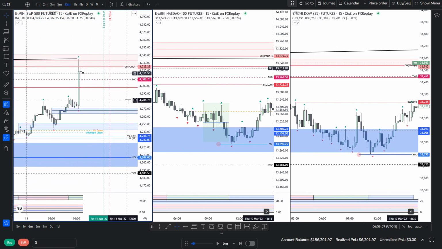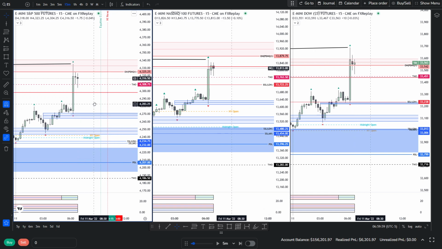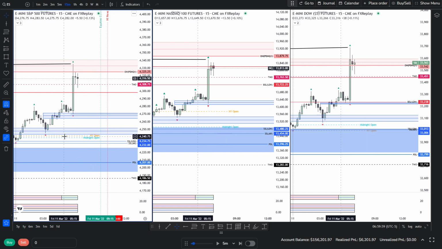Okay, so let's have a look at some of the things that we've got. This huge bearish candle for the potential M15.